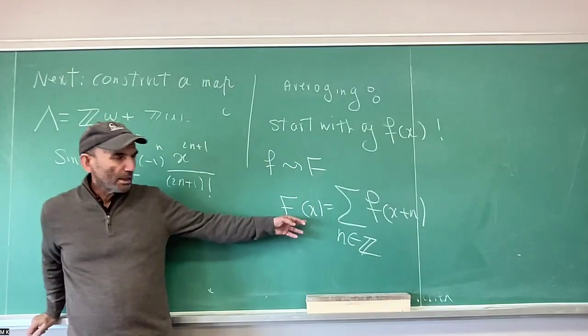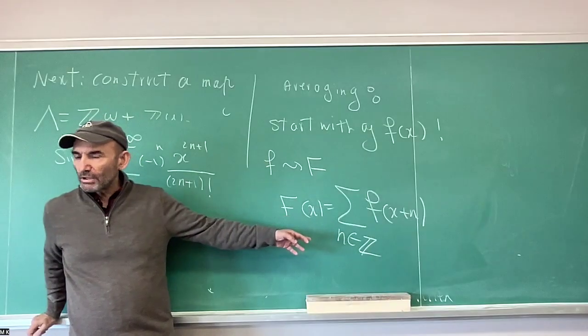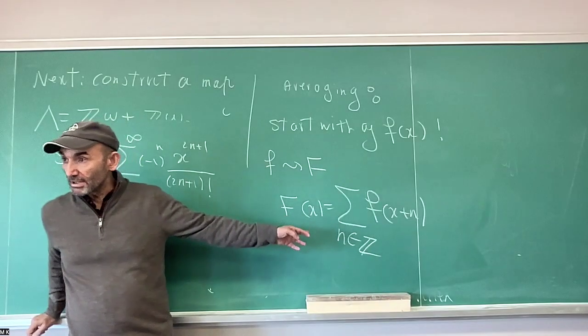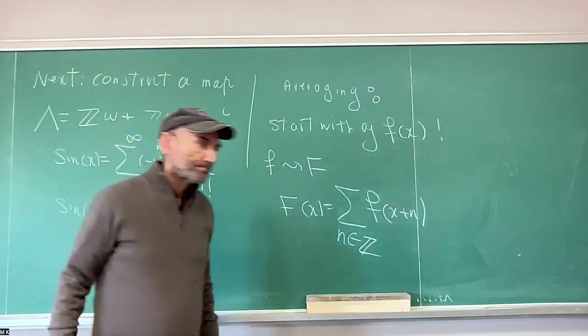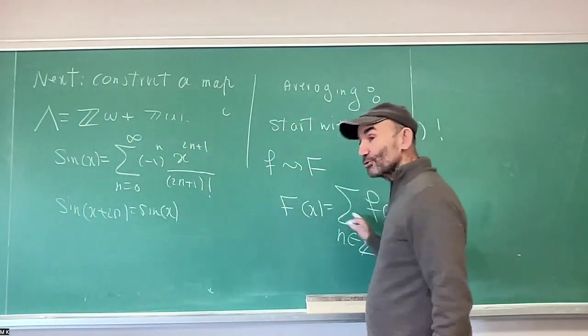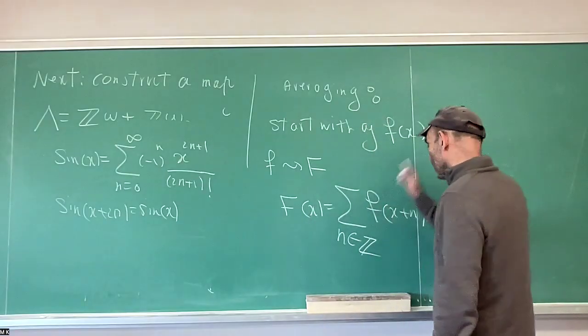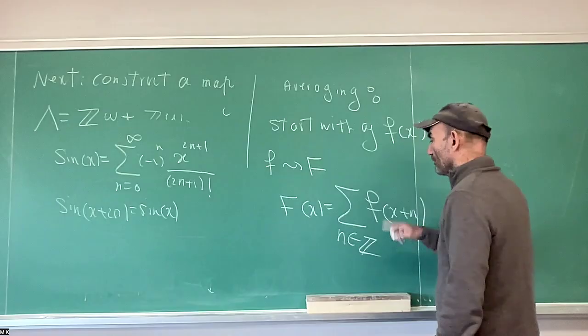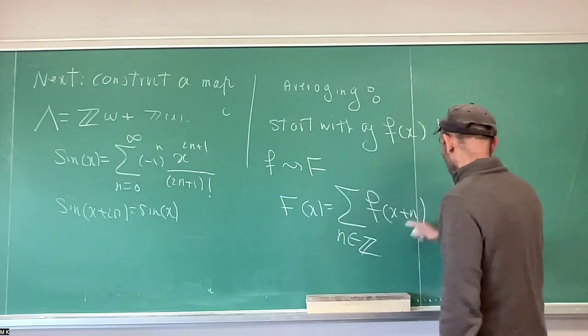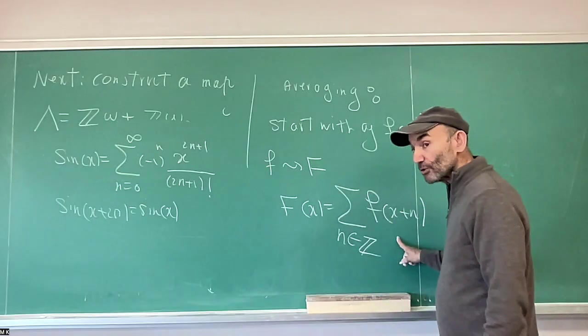This is a function. Now this is periodic. This has period 1. How do we know it converges? Well, we want to choose things to be convergent. That's the thing. So if it is convergent and analytic and everything is okay, which we'll estimate. Yes. But the point is that this has period 1.